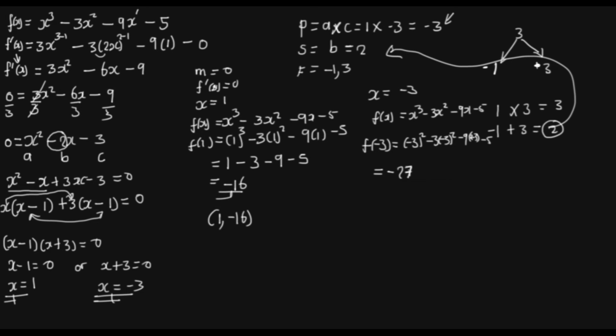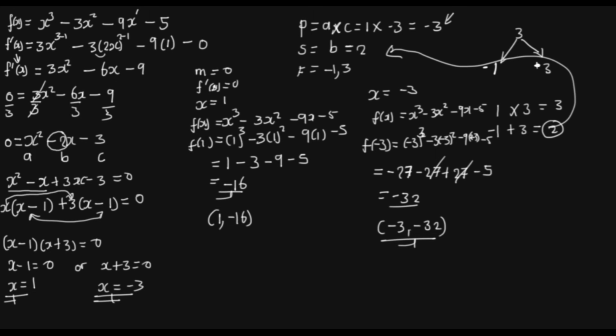Here also we have negative 27. Then negative 3 squared is positive 9. 9 times negative 3, we have another negative 27. Then negative 3 times negative 9, we get positive 27, minus 5. So we can just cancel these. We get negative 27 minus 5, we have negative 32. So the other pair is negative 3, comma, negative 32.